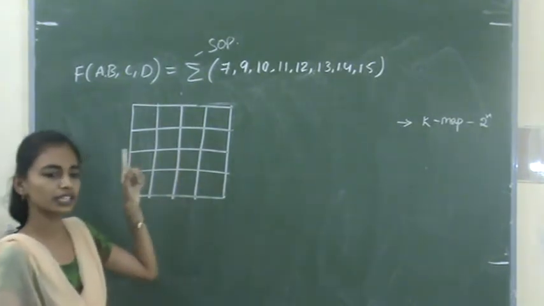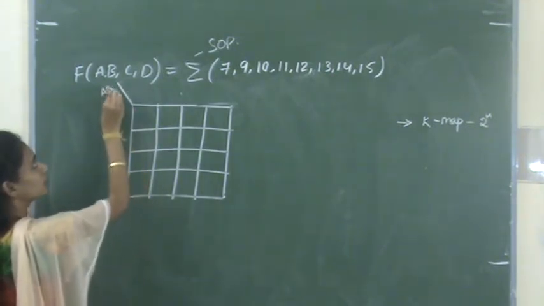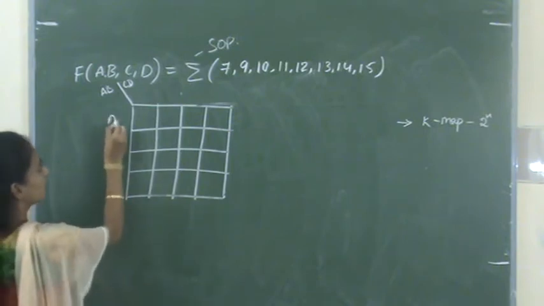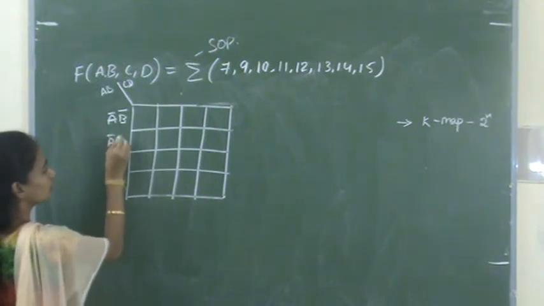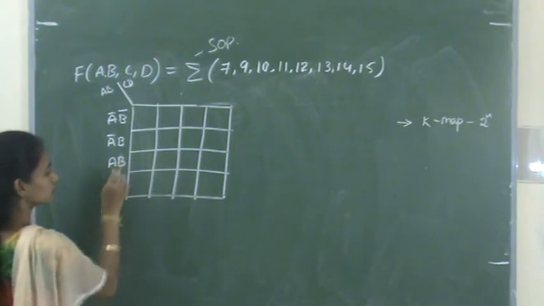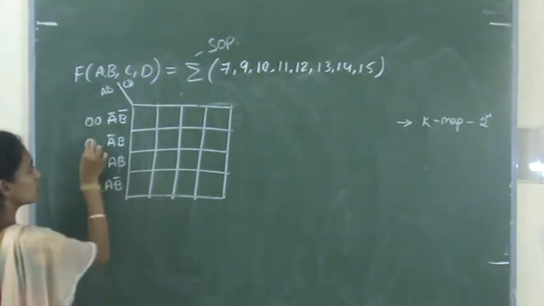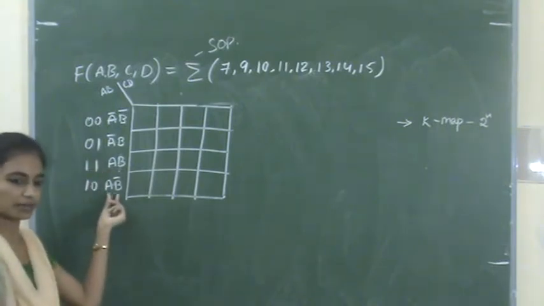After that we need to write the variables we are using here. A, B. Here we are using C, D. So write those values. A bar B bar, A bar B, A B and A B bar means 0 0, 0 1, 1 1 and 1 0. So these values will be written.